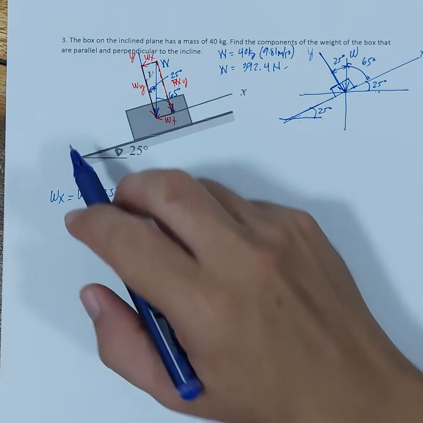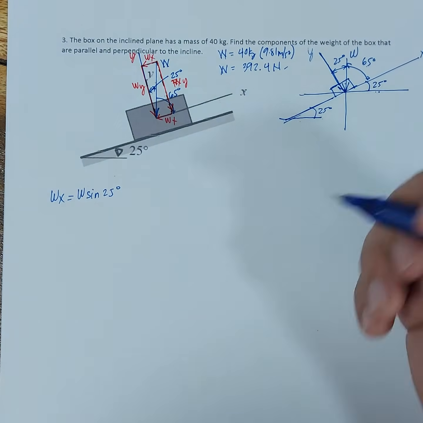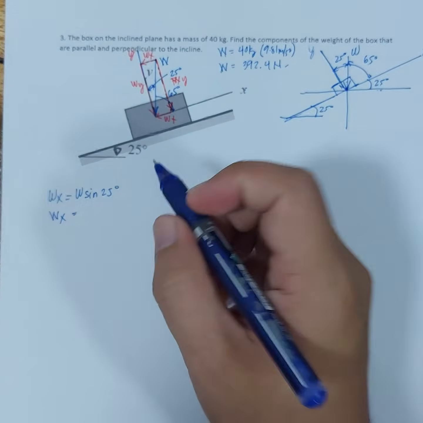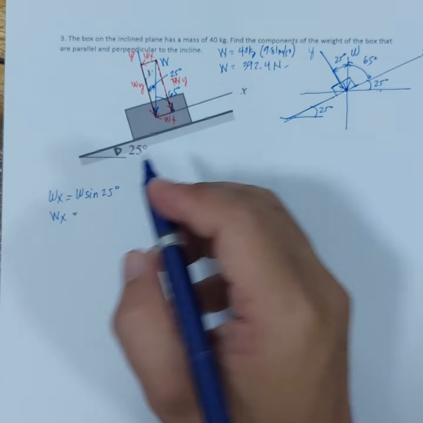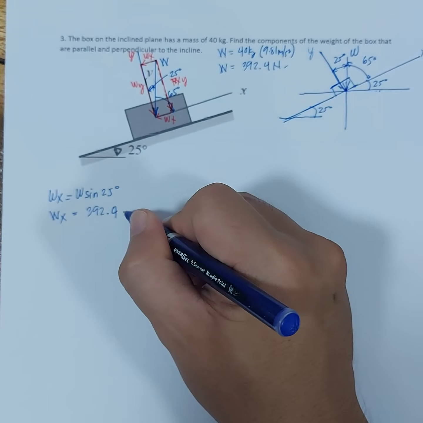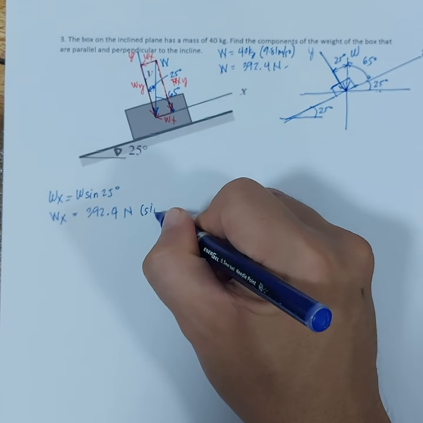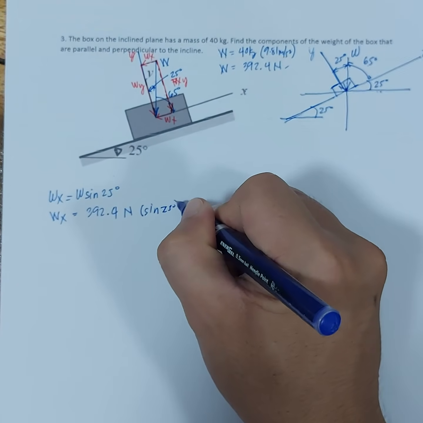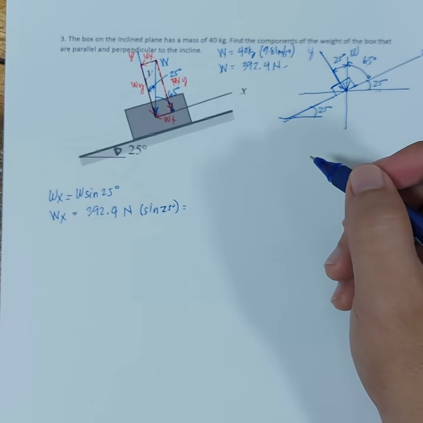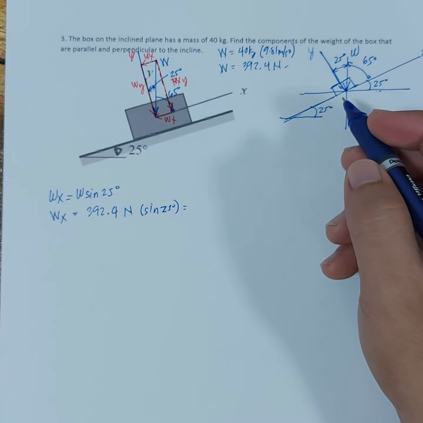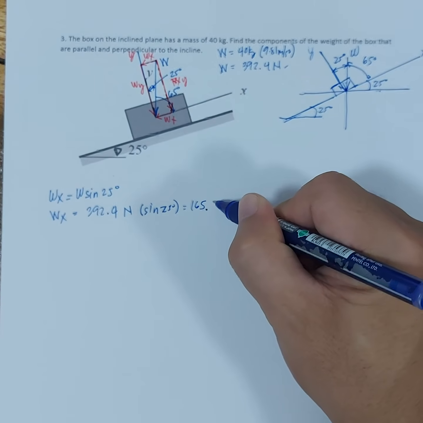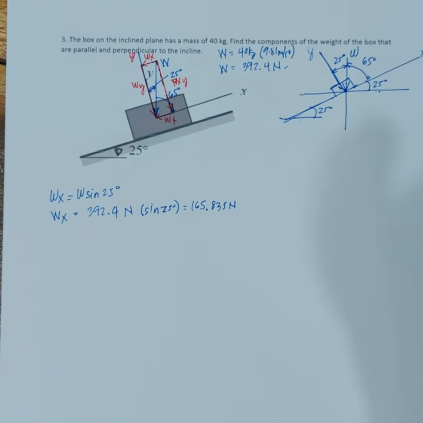Okay, now we can now substitute that value here to solve for the x component of the weight. So the component of the weight along x-axis is equivalent to 392.4 newtons times sine of 25 degrees. So that is equal to, ilan? The Wx is 165.835 newtons. Okay?